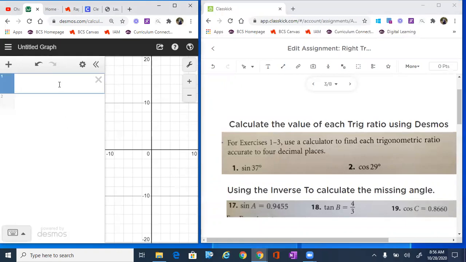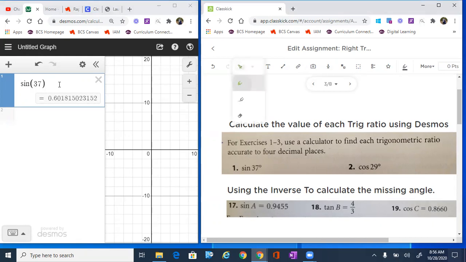Once we get there, it's as simple as typing it in. So number 1 and 2 there where it says sine of 37, I just simply type in sine of 37. It is going to give you a decimal because remember, sine and cosine and tangent, these trigs are nothing but simple ratios, which are fractions that are going to give us a number between 0 and 1.